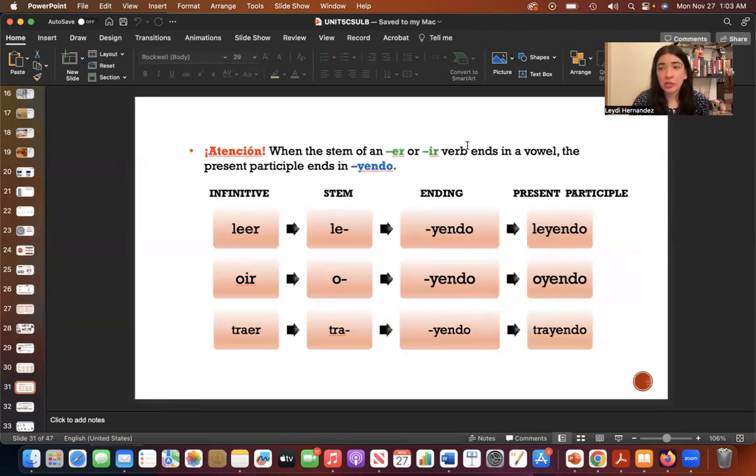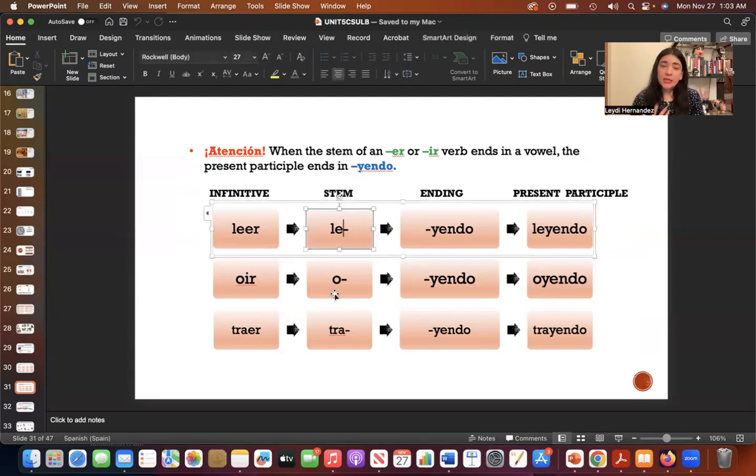Instead of the I, we add a Y. You see leer, which is to read. We drop the ending. So my stem is le. My last letter is a vowel. So instead of adding iendo, I'm going to add yendo. So my present participle will be leyendo.